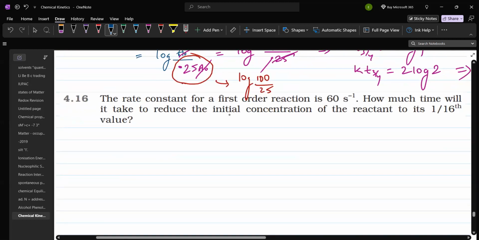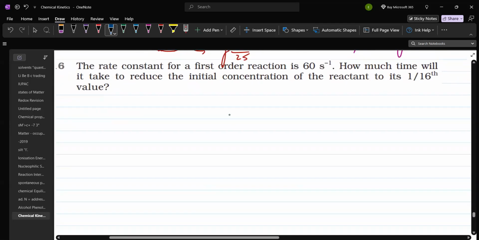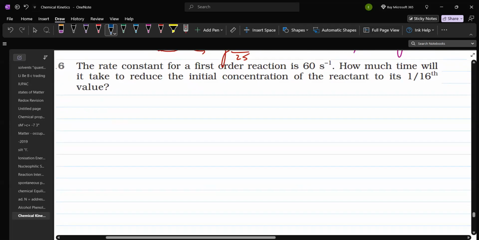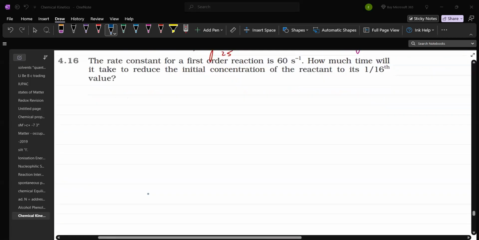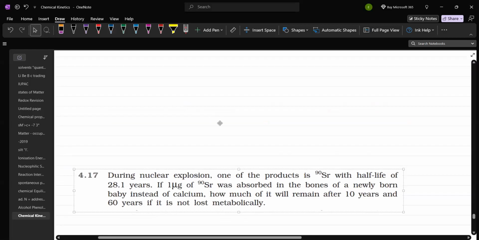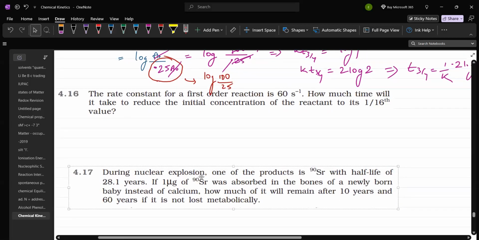You have another question. Please try this question. Both questions are present in NCERT, so you have to solve this question as well.